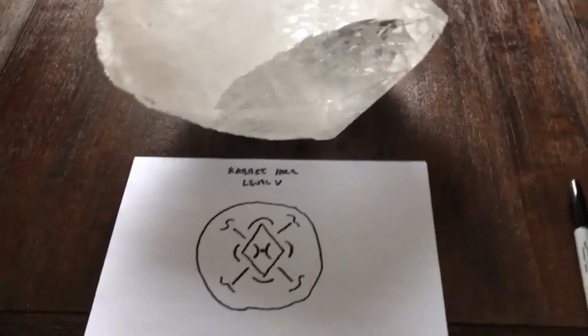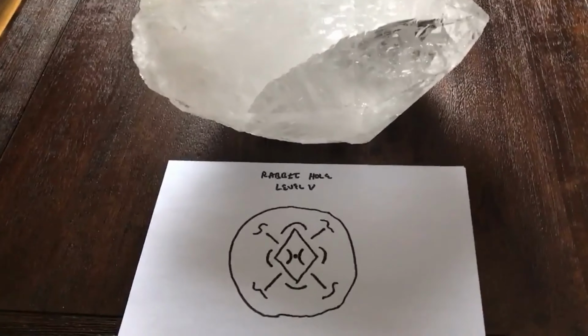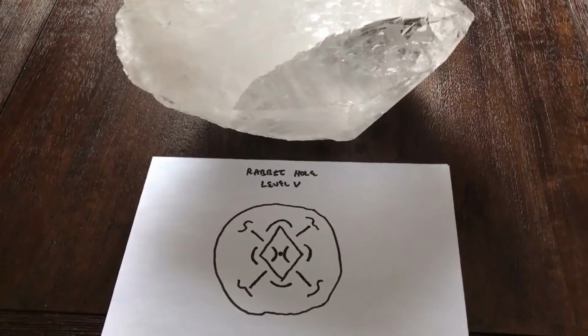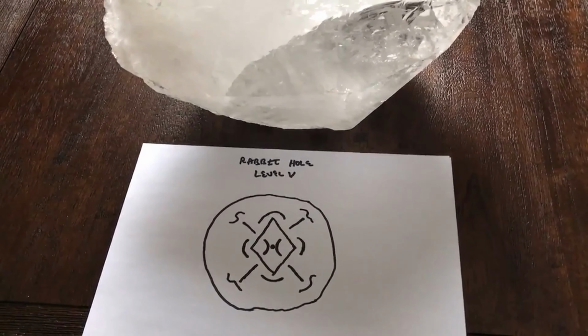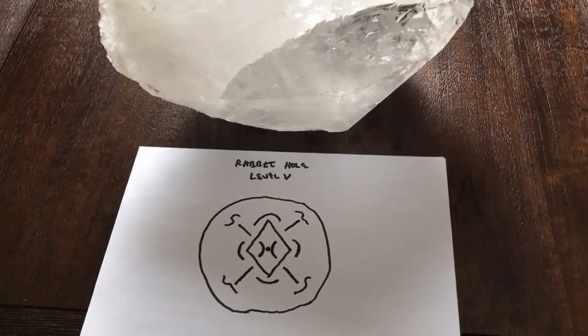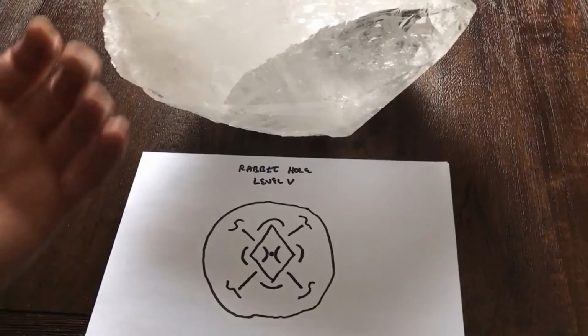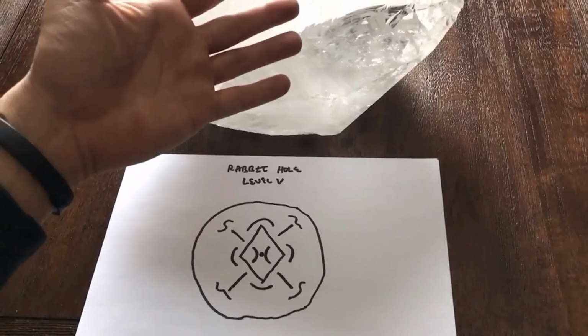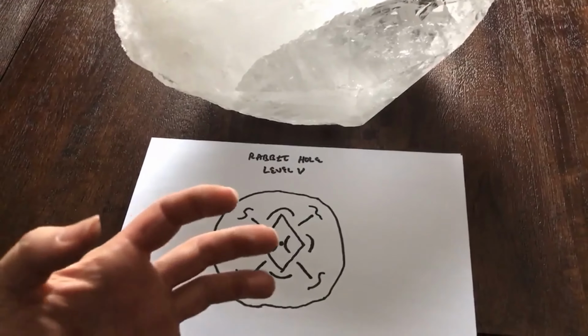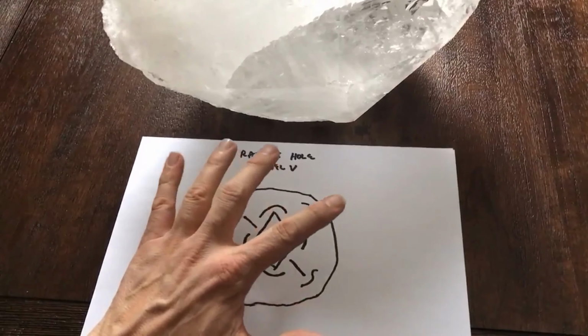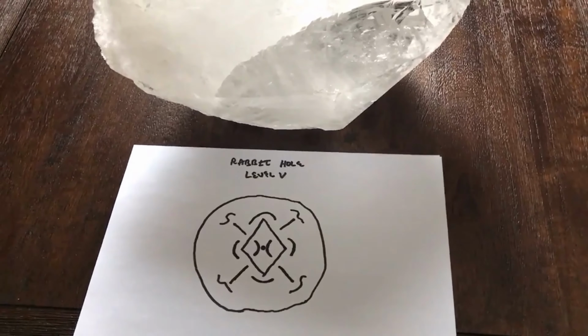So the only thing that's required here, folks, this is very quick and pretty easy. I just want you to breathe through your nose and out through your mouth. On each in-breath, you'll notice energy coming from the crystal and being stored in the geometry. On the out-breath, you'll notice the geometry expanding a little bit and contracting.